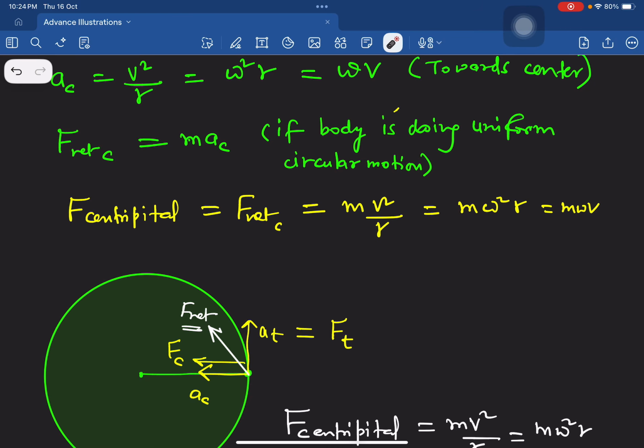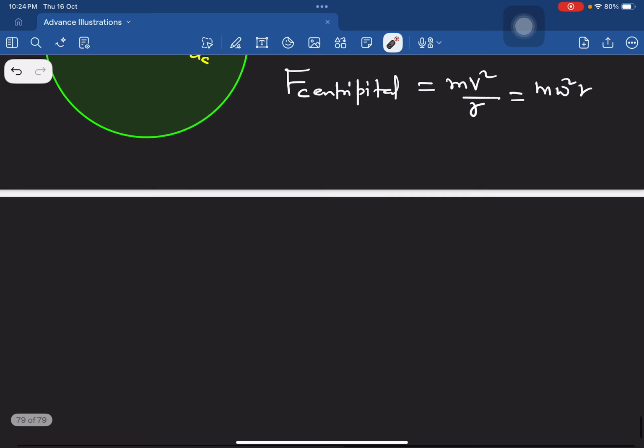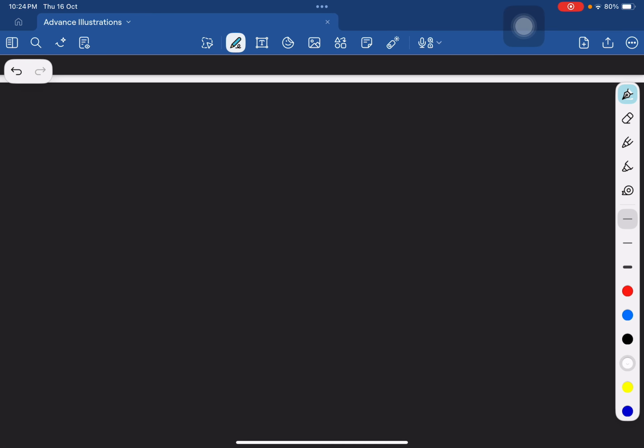Now, one more thing I want to discuss here is the centripetal condition, which Newton talked about in his famous book Principia Mathematica.